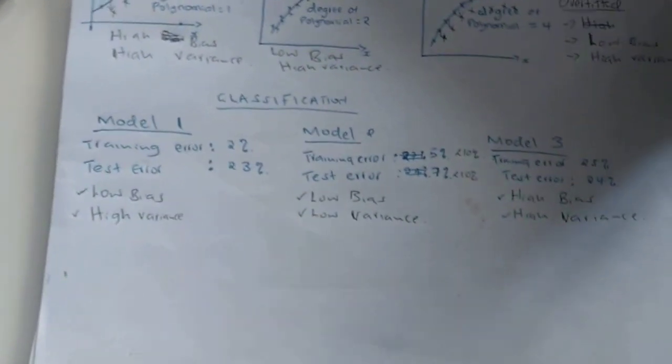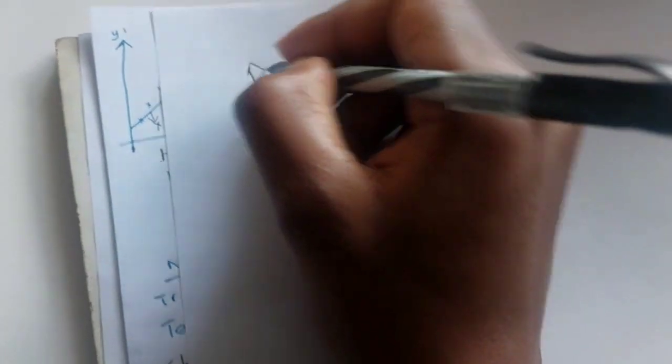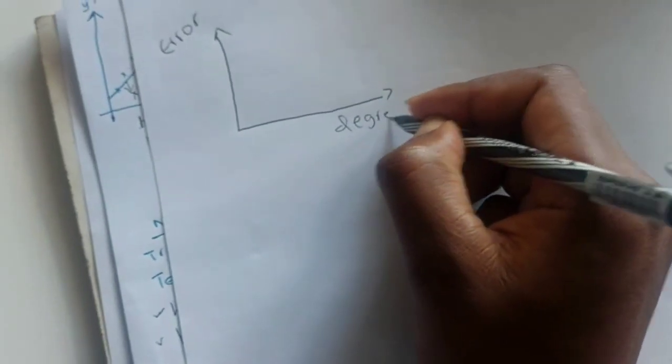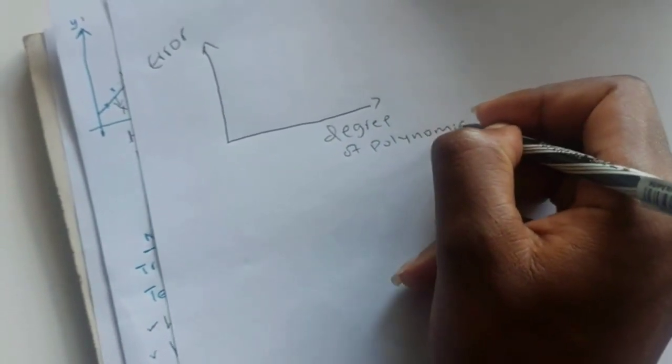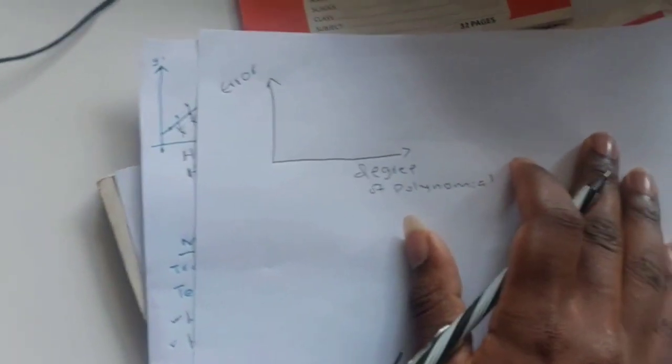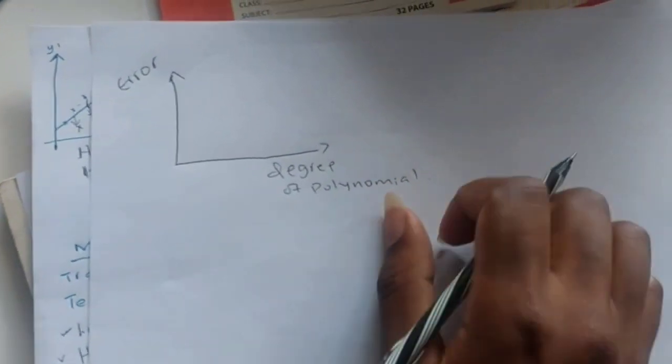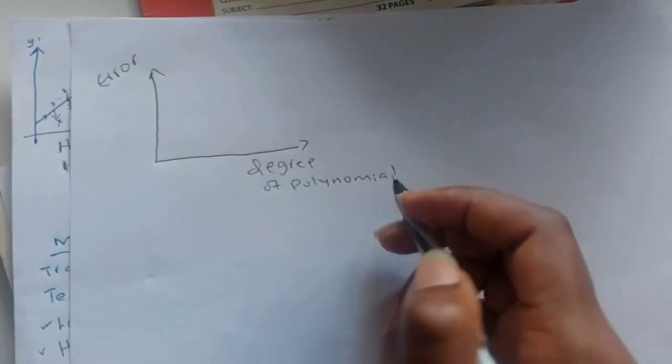Okay, let us do the graphical representation of this. Let's draw this way. Degree of polynomial. This is the error with respect to degree of polynomial.